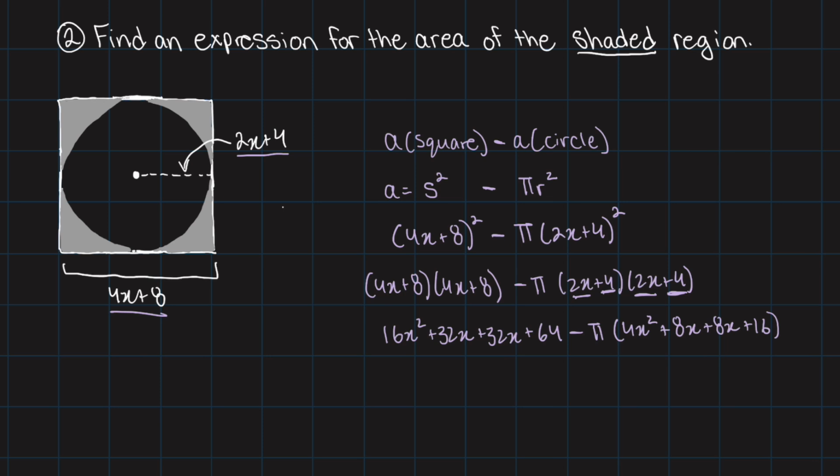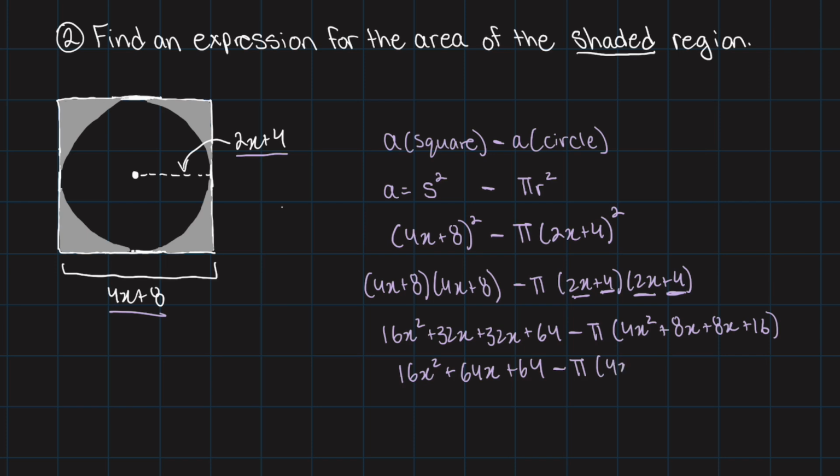All right, and then we're going to collect like terms. We have 16x squared, 32 plus 32, 64x, and then we just have 64 at the end. And then here we have pi, and we have 4x squared, and then we collect 8x and 8x, which is just 16x, and then we have 16 at the end.